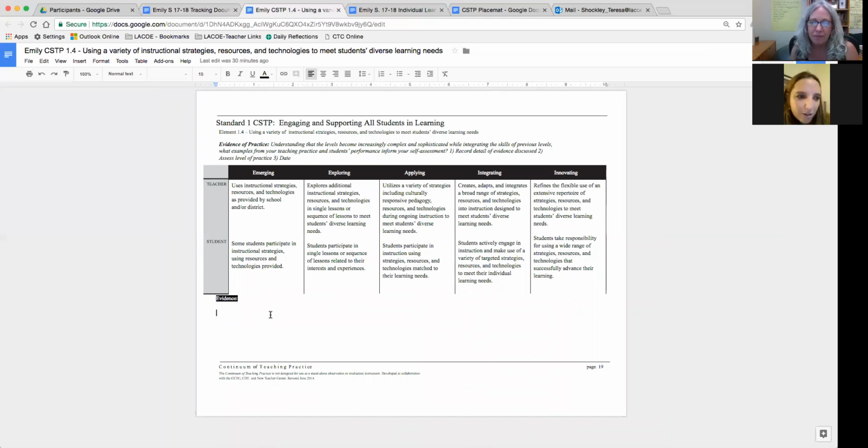Yes, correct. So right now, what are you doing? Because we can move forward if we know where we're at and we get a starting point with what you're doing. Yeah. So what I am already doing now is I am differentiating the instruction for the students because I know that not all students learn the same way.